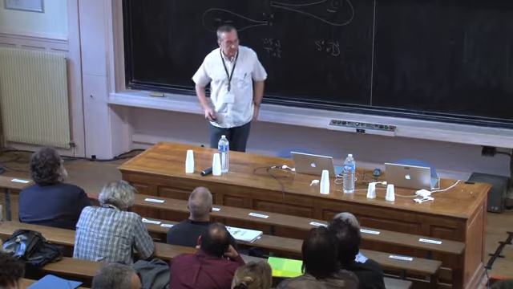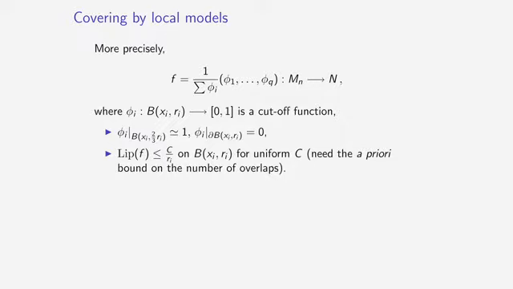So far there is nothing fantastic, but the next thing is very important: you can do it so that the Lipschitz constant of this map is bounded on each ball. It is bounded by some uniform constant, independent of n, divided by the radius of the ball. This is a very nice bound. In order to get it, you really need the a priori bound on the number of overlaps.